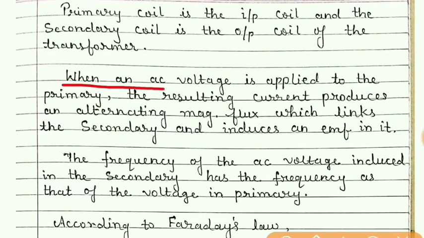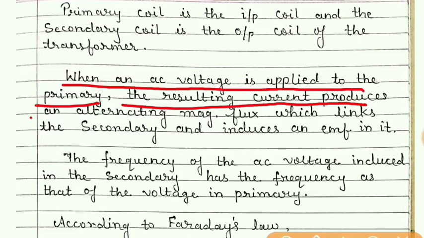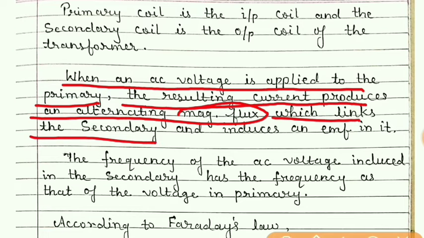Now when an AC voltage is applied to the primary, the resulting current produces an alternating magnetic flux which links the secondary and induces an EMF.